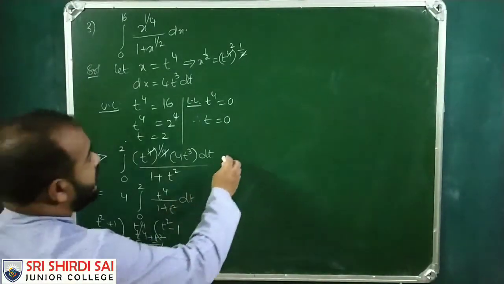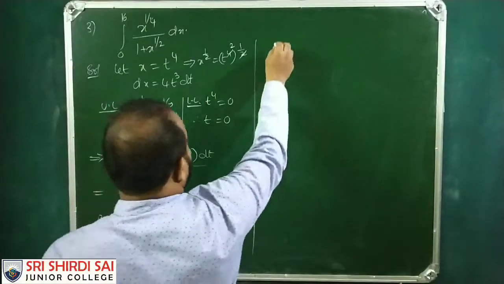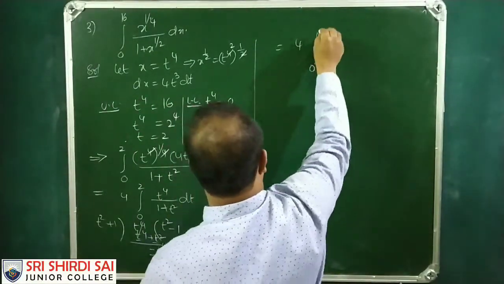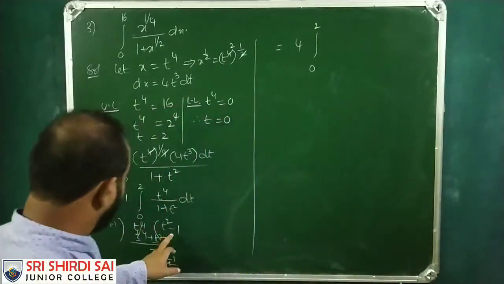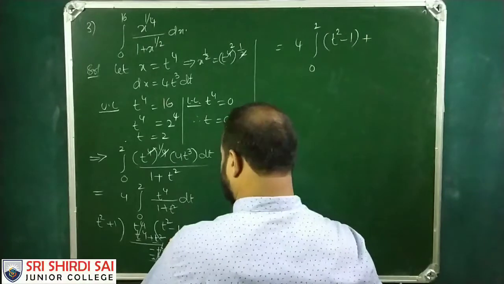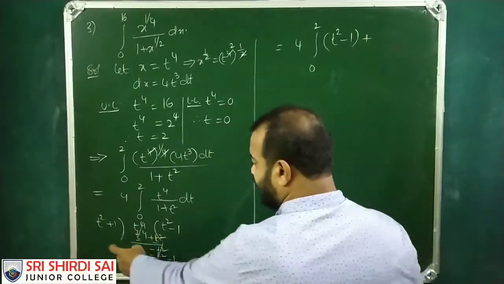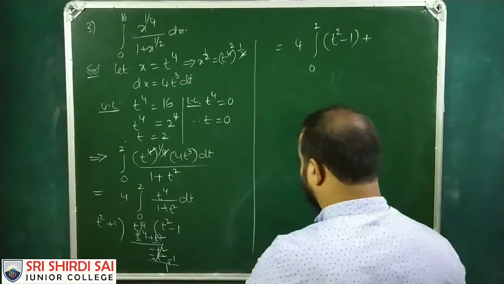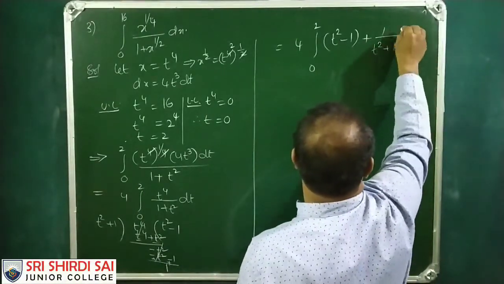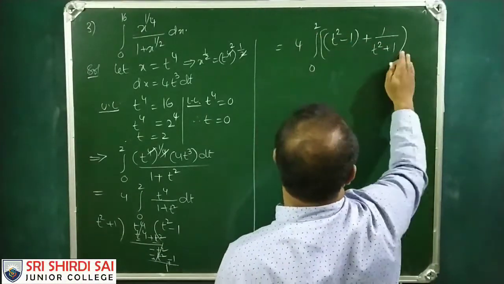Therefore this can be written as 4 times integral 0 to 2 of t square minus 1, quotient plus remainder by divisor, so 1 by t square plus 1, whole dt.